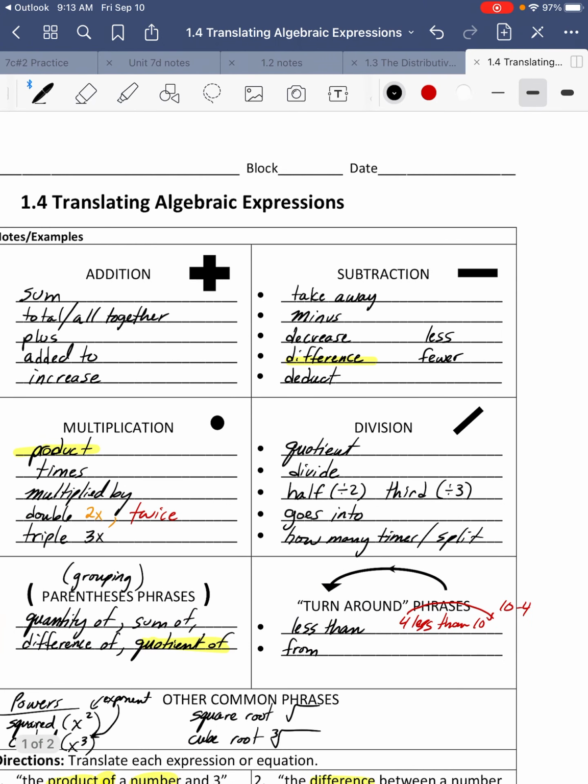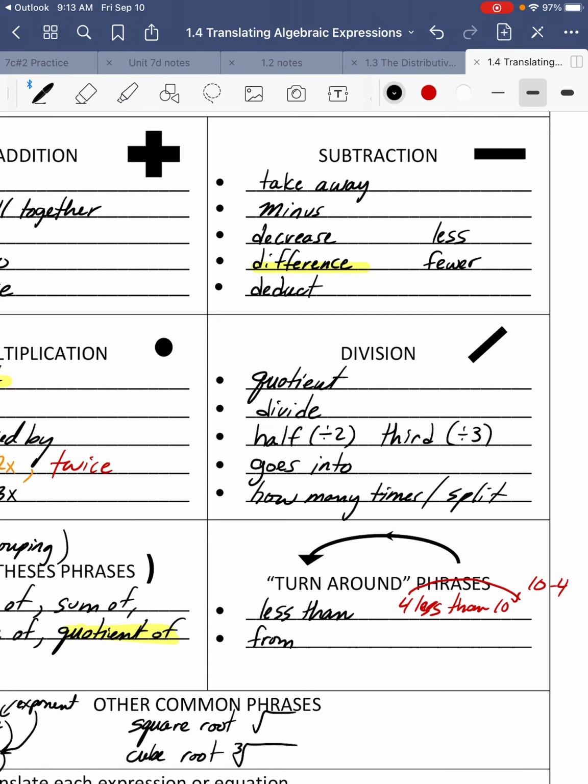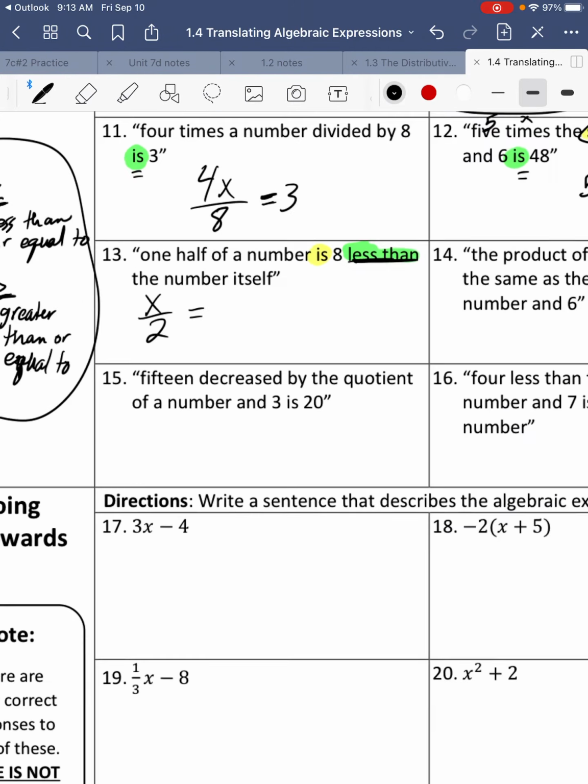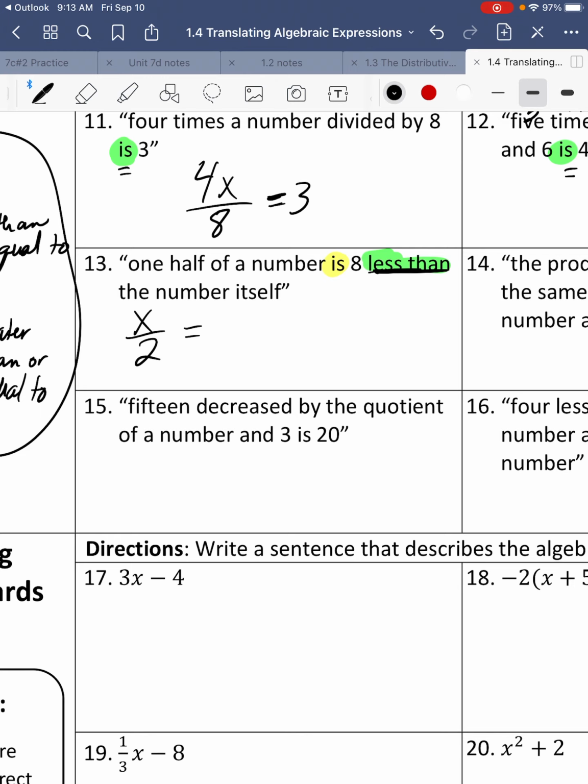Less than, we're going to go back. What does the less than mean? Less than is the turnaround phrase. So 8 less than the number itself, so x minus 8. So the number itself, you got to use the same number. So if I use x here, got to use x here.